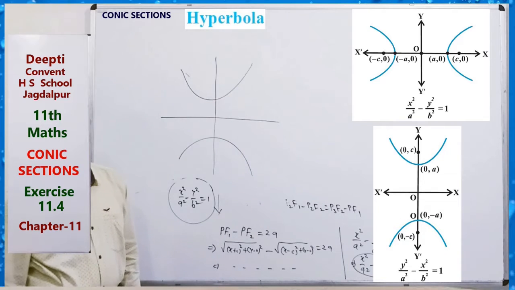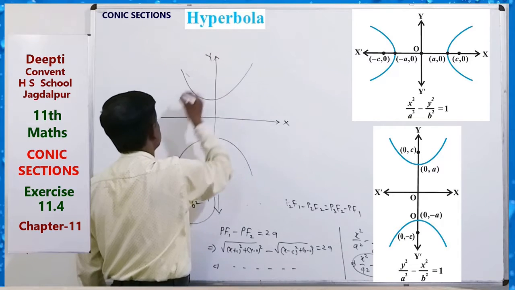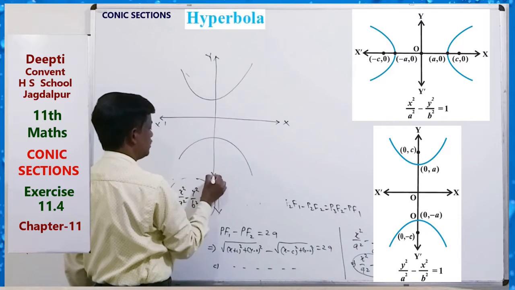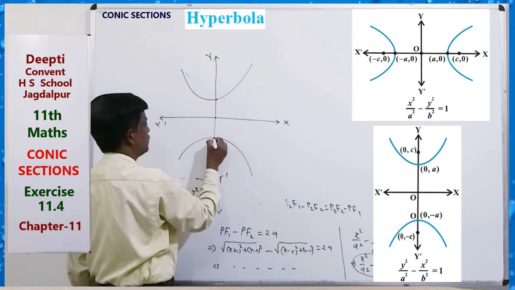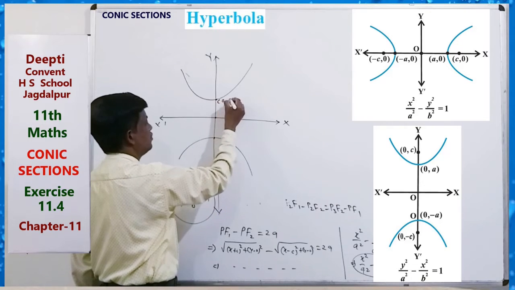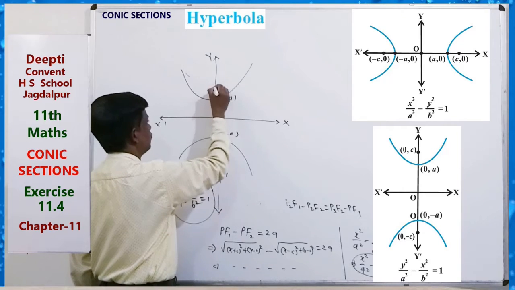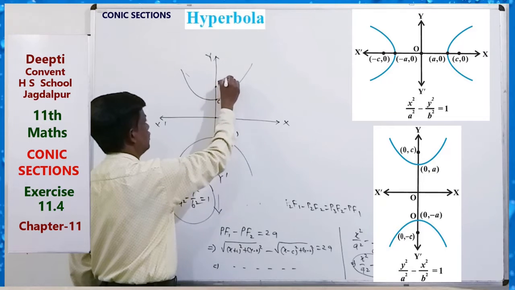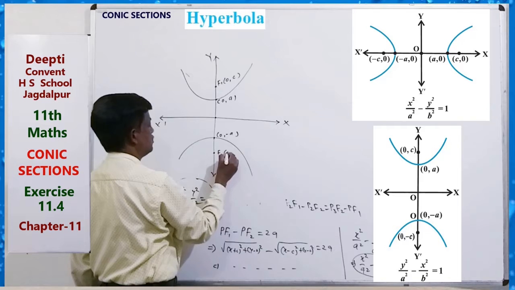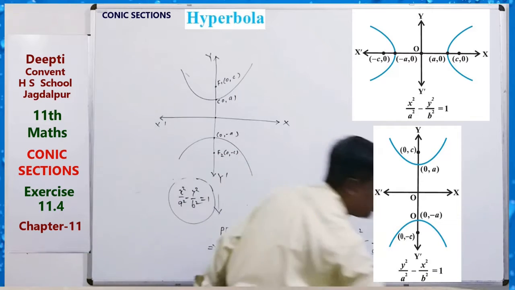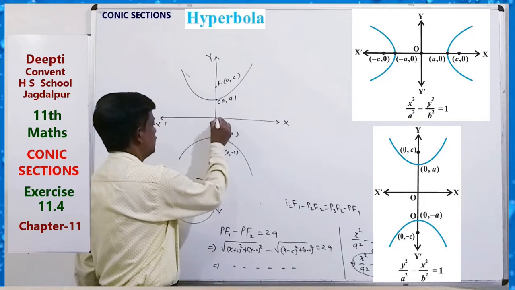If the transverse axis lies on the y-axis, then we can draw like this. This is the x-axis, this is the y-axis. Center, vertices: this is 0, a and 0, minus a. Foci are here, f1 at 0, c and f2 at 0, minus c. Just like this, center 0, 0.